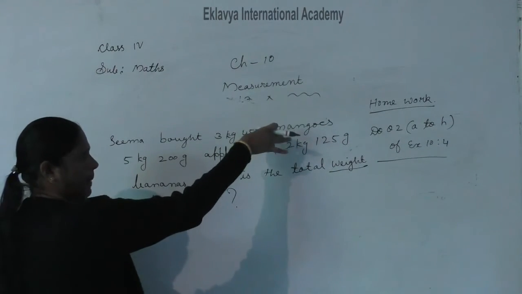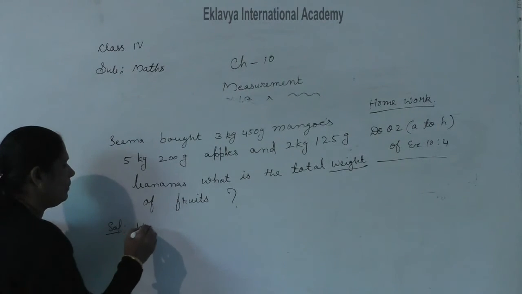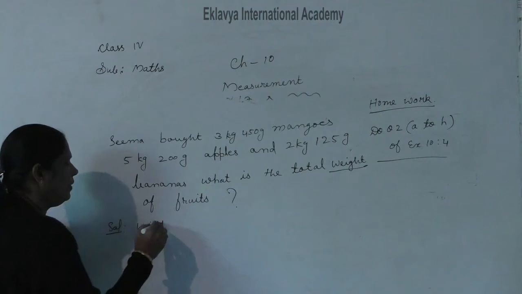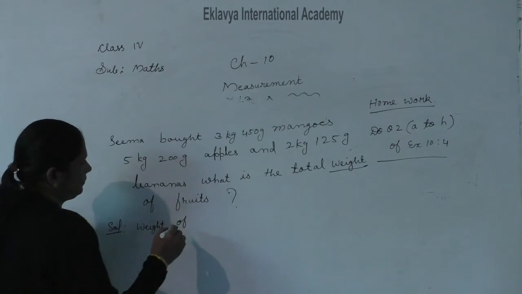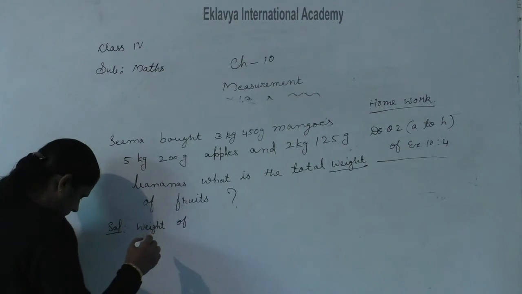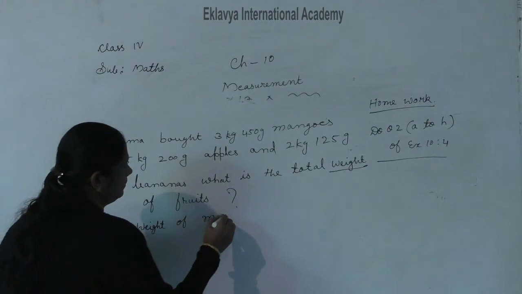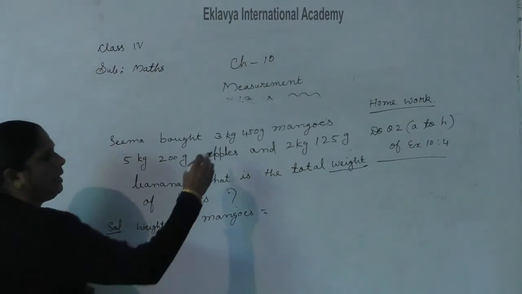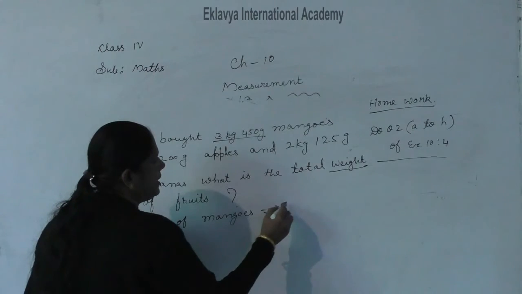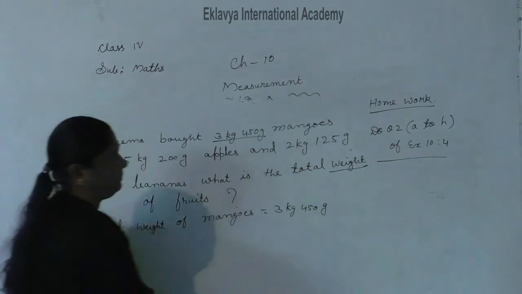First you write weight of mangoes is equal to 3 kg 450 gram.